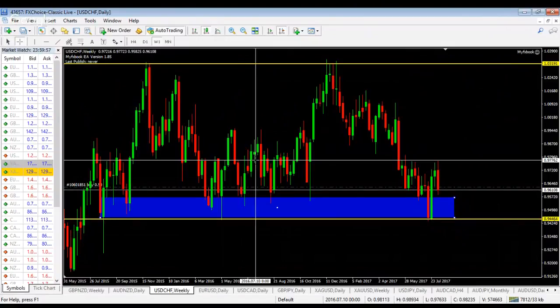Understand something. Every single time you take a trade, you want your reward 3, 4, 5, 6 times greater than what you're risking. So if you're risking $1 on your account, you want to know that the profit is going to be $5, $10, $15, $20.